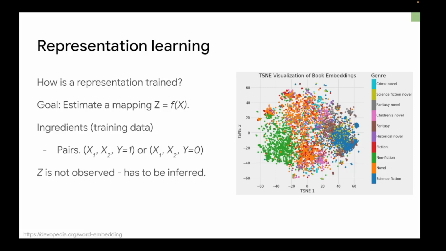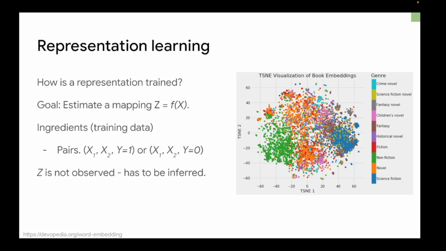But for training this model, you do not get the labels for Z. You only get the labels for Y, which is given for every pair of samples, X1 and X2. And the Y is only telling you whether these are similar or not.